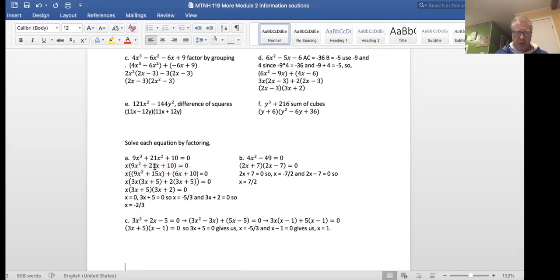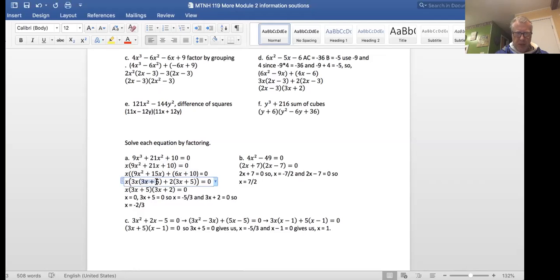So I rewrite this 21x as 15x and 6x. I'm just working right inside the parentheses here. The x I factored out just is dropping down, following right along. Okay, so I can factor a 3x out of the 9x squared plus 15x. I can factor a 2 out of the 6x plus 10.